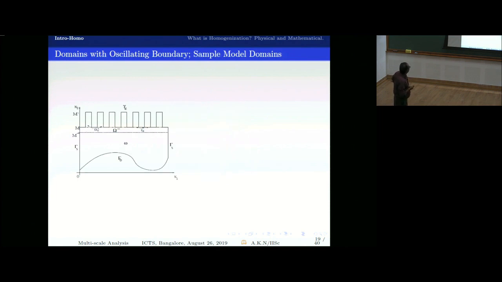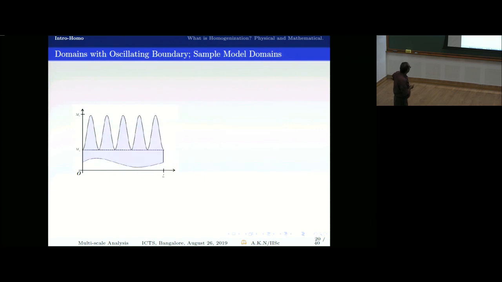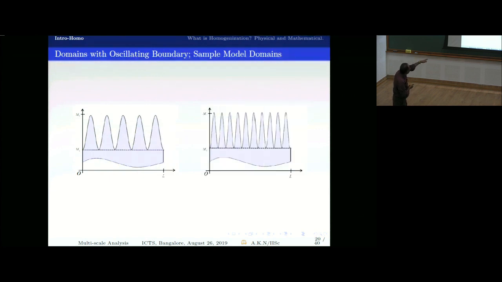Yeah, so this is the typical modeling of that. So 2-dimensional modeling with a lot of oscillation. In 3 dimensions, it may look like that. You see, when the oscillations become more and more, the total volume is the same, but the number increases. Hence the boundary.